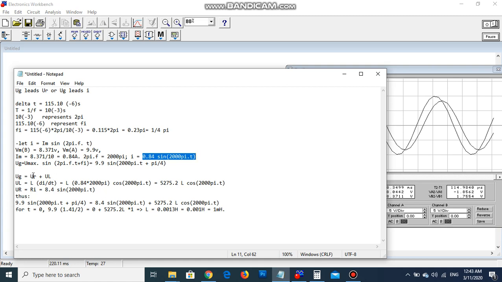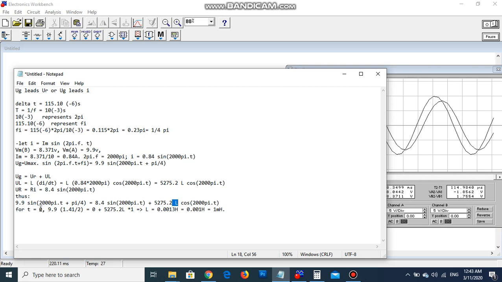Finally, UG equals UR plus UL. So this is UG, equals UR, this is UR, plus UL, this is UL. Now, how to calculate L is simply by choosing any instant, because this expression has one unknown L and t is a variable.